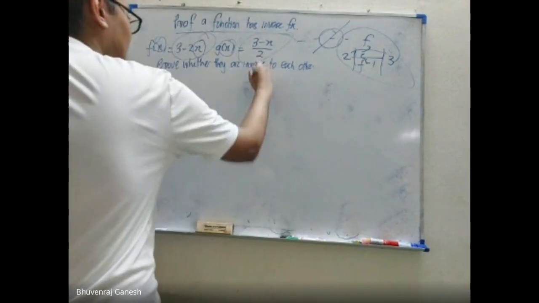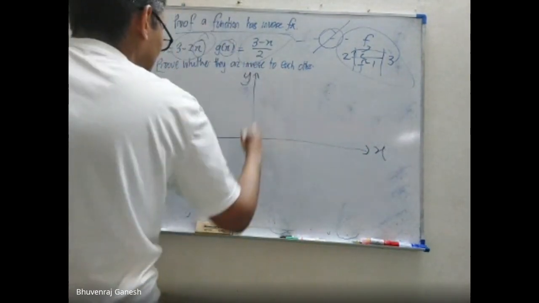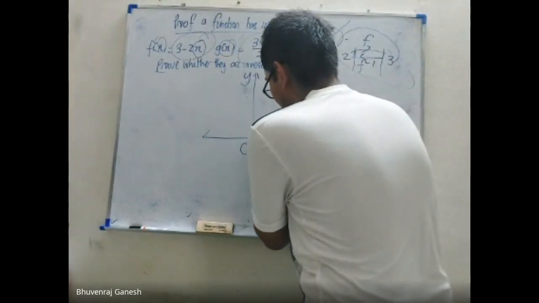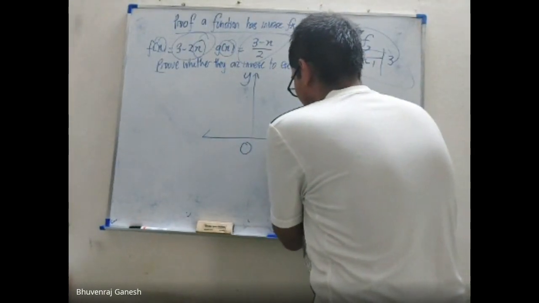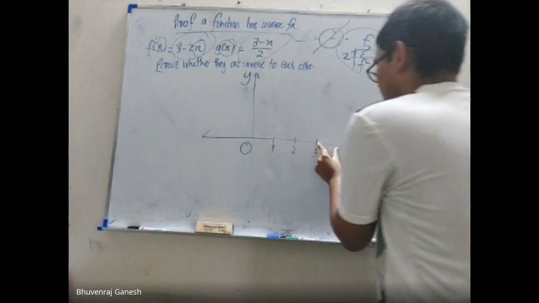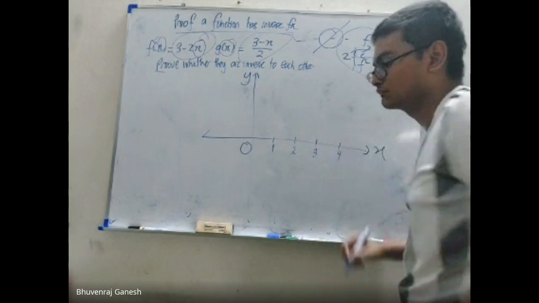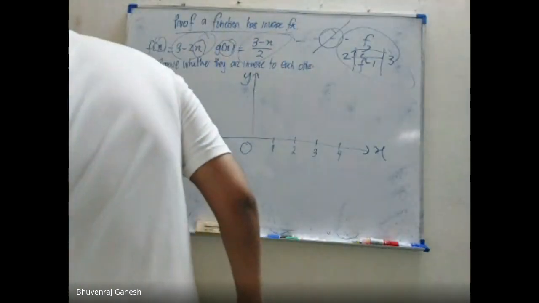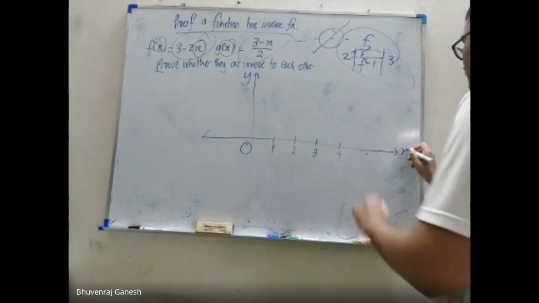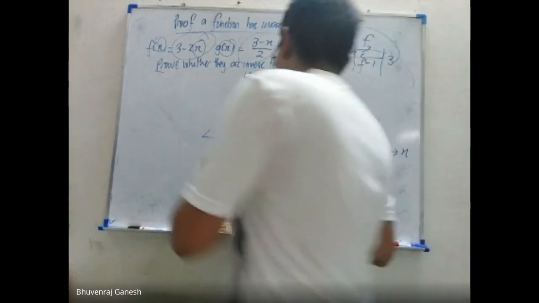So I'll put the y-axis here, x-axis here, 0. Okay, so the scale has to be uniform here. Okay, something like this. One more. Okay, so same for this side as well.